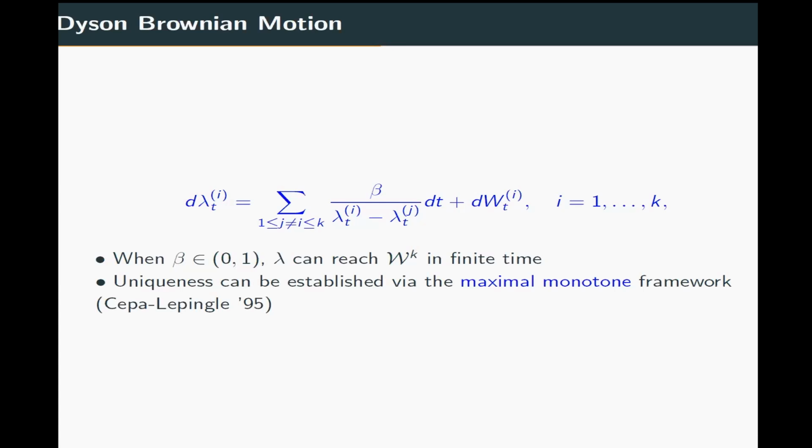This is due to Cépa and Lépingle, though this maximal monotone operator framework goes back to the study of differential inclusions by Aubin and Cellina and many other people from the Italian school. What Cépa and Lépingle did is they did it for ODEs and differential inclusions, which could have discontinuous right-hand sides and also singular right-hand sides.